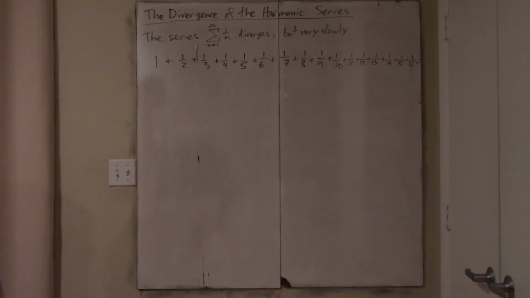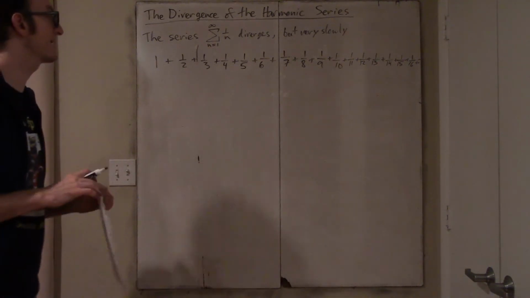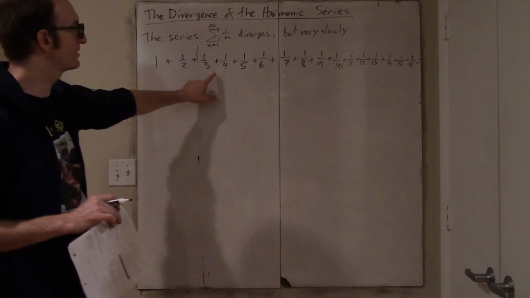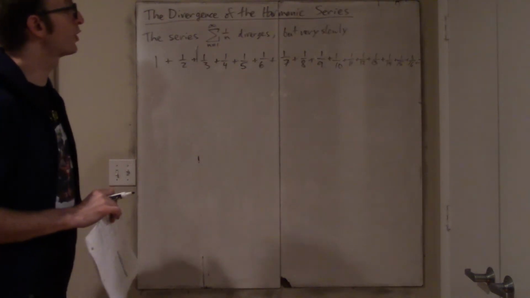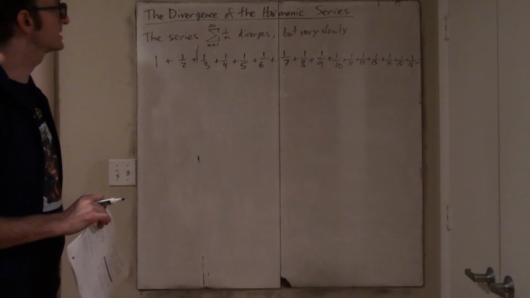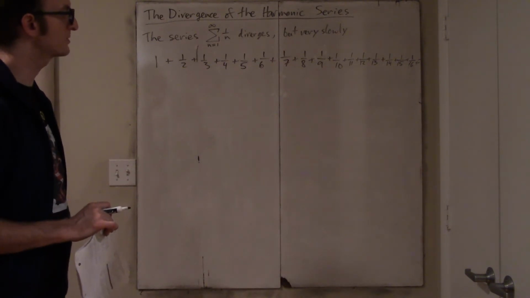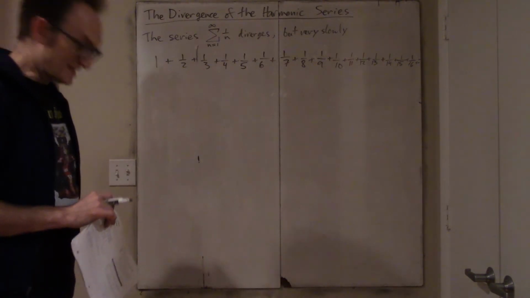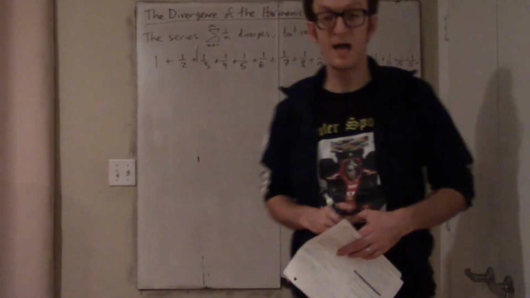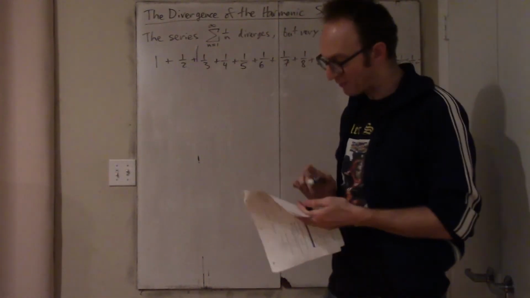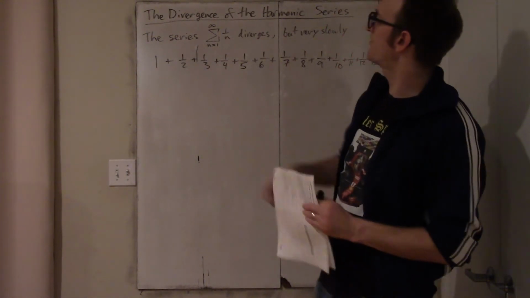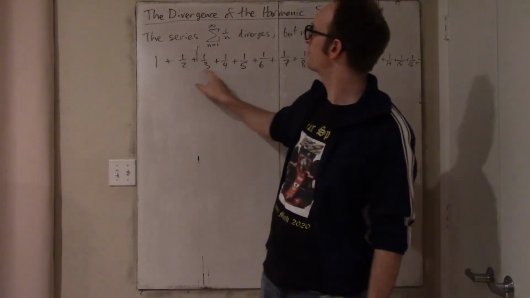It's not geometric, so I don't have a nice little formula for it, but what can I say about it? First of all, notice that the terms of this series form a harmonic sequence. What is a harmonic sequence? A harmonic sequence is a sequence whose reciprocals are arithmetic. So the reciprocals of all of these terms would be 1, 2, 3, 4, 5.